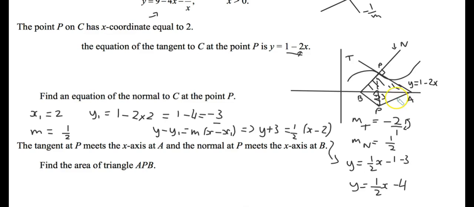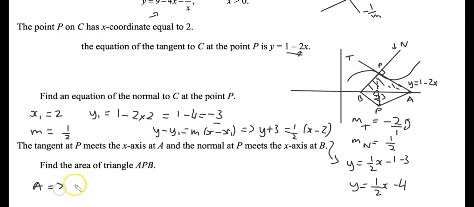So how can we do that? Well, we know that this intersection point here is the intersection point of the line 1 minus 2x with the x-axis, and that is when y is 0. So we can solve to get A then.